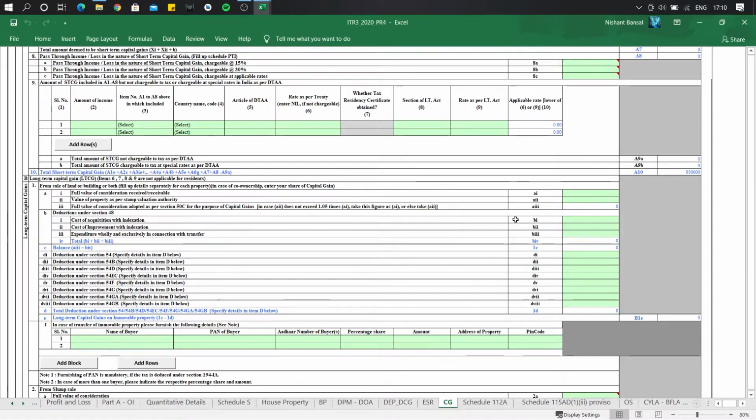So we have to fill the details here only. Full value of consideration is 92 lakhs. Then we have value of building as per stamp valuation authority, 90 lakhs. The most beautiful part of this ITR and particularly this section is that all the things are given and we just have to enter the value as it is.